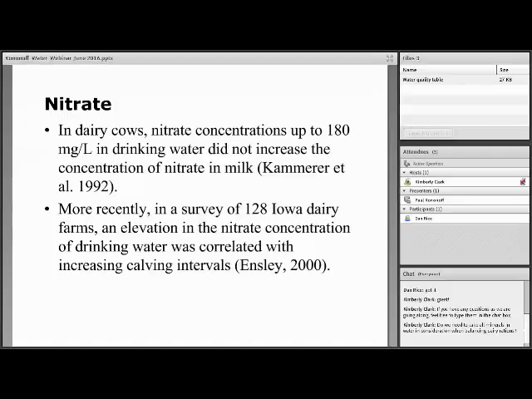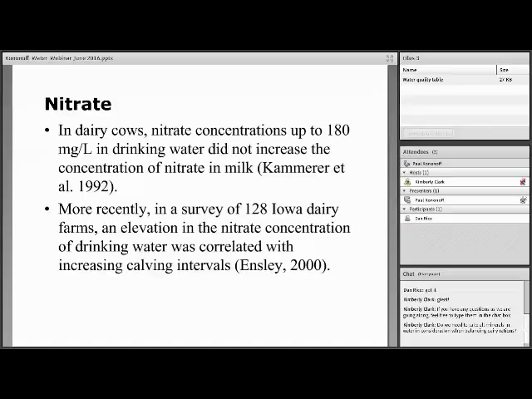So you can get some carryover of nitrate in the milk, but in this case, fairly high concentrations of nitrate in the water didn't cause concerns in the milk. So that's some really good information to know in terms of water and milk safety.